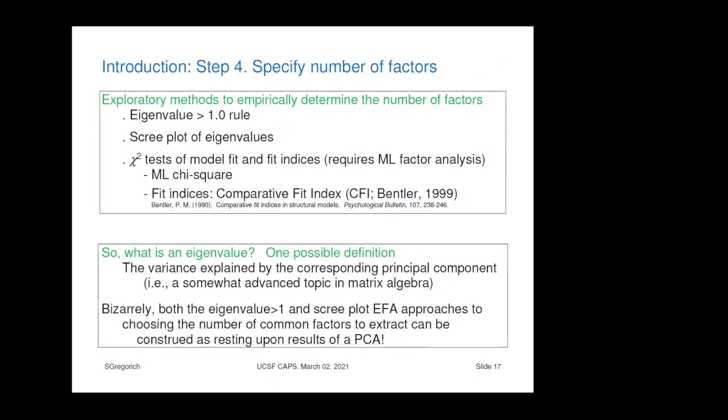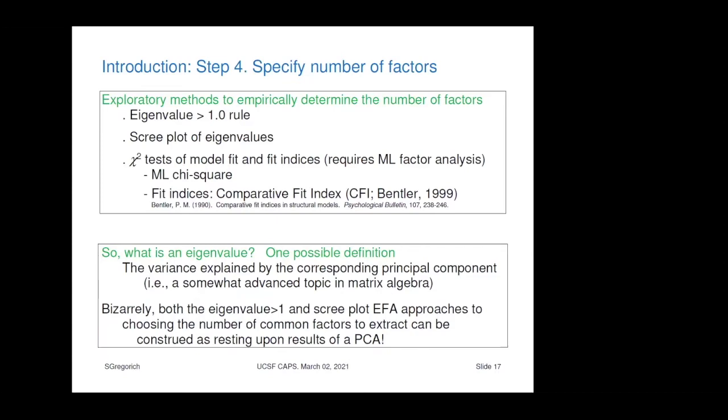Okay, the aside is over, and going on to step 4, you need to specify the number of factors. So even though EFA is exploratory, you still need to tell the program how many factors you want to extract. And so if you want to consider different numbers of factors, you'll have to fit that many exploratory factor analysis models.